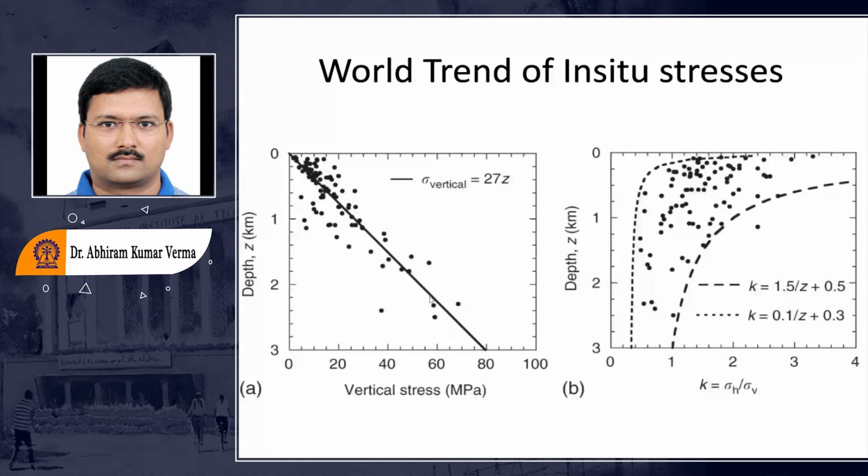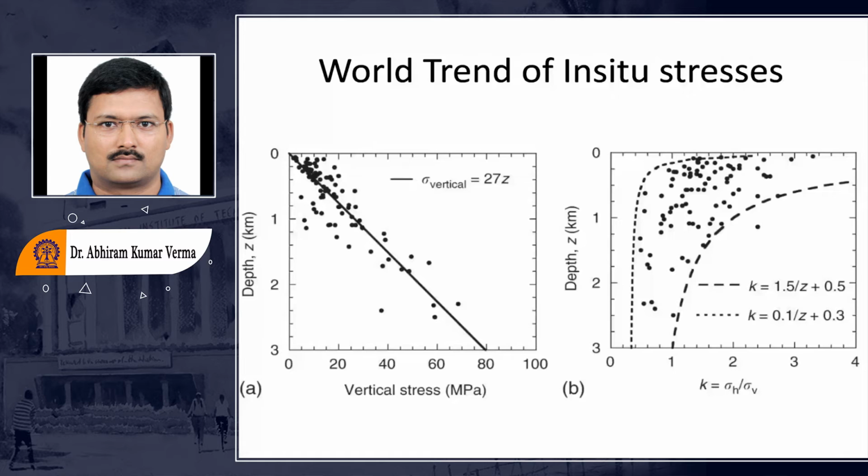Based on that, we can have a best fit line, which is sigma v equal to some constant k into z. This is nothing but gamma z, the unit weight of the rock times depth. This is a very linear trend: as we go deeper and deeper, the vertical stress trend is sigma v equal to density, gravity and the depth.